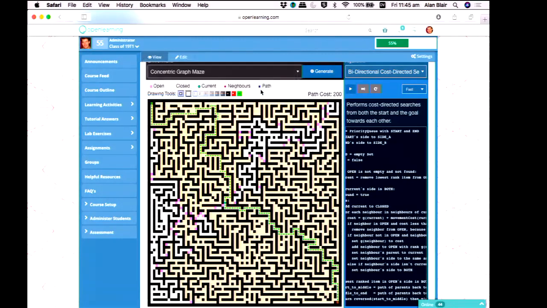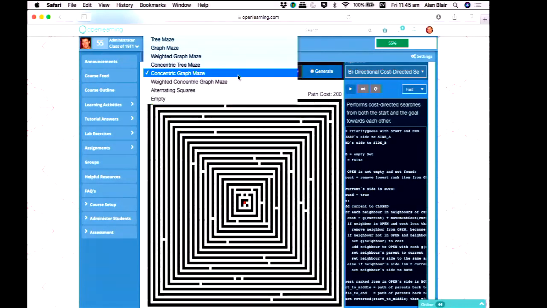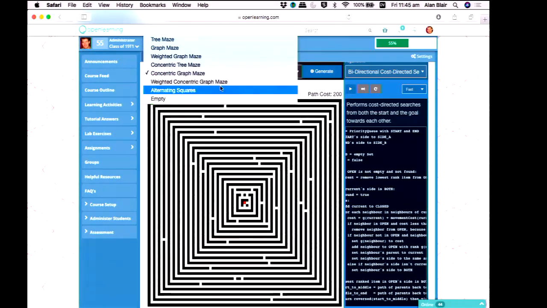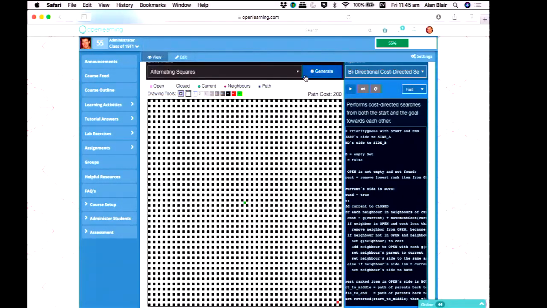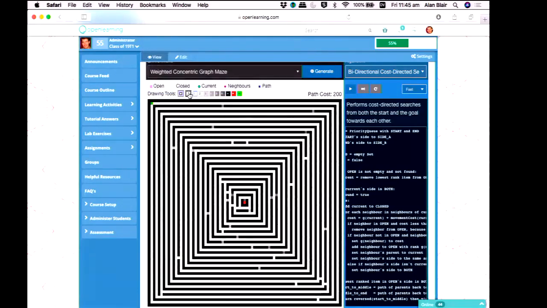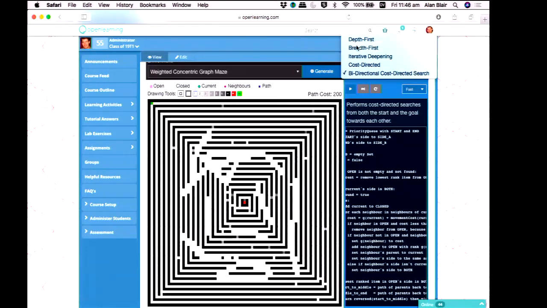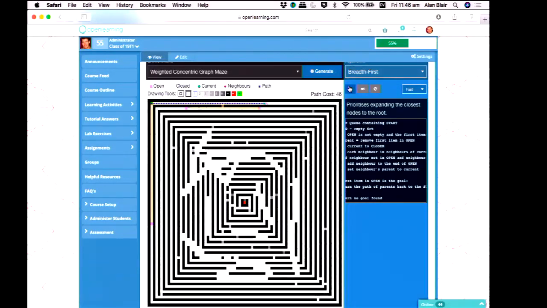Now let's see how we can create our own maze. You can start with a randomly generated maze, or just alternating squares, or even an empty maze, and then I can click on these things and either add or remove walls at my own discretion. Let's try breadth first search on this maze.